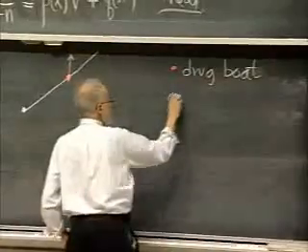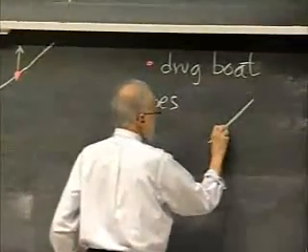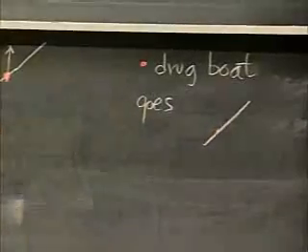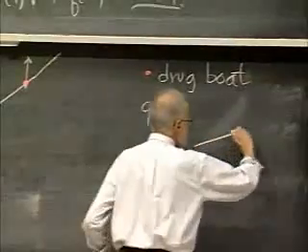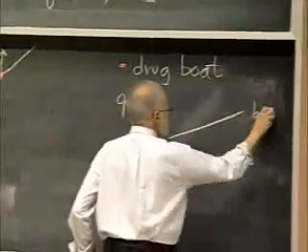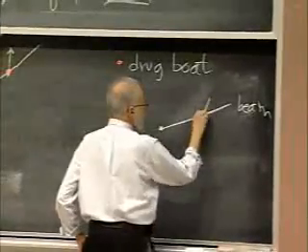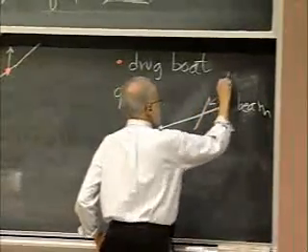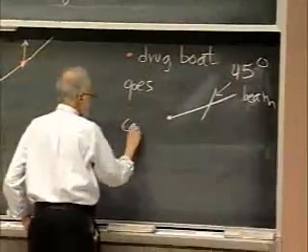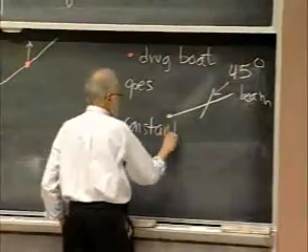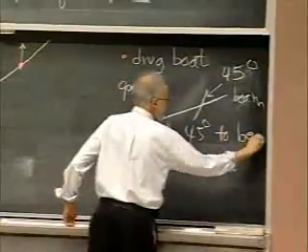So the angle between the beam and the boat's path is always 45 degrees. He goes at a constant 45-degree angle to the beam, hoping thereby to escape it.